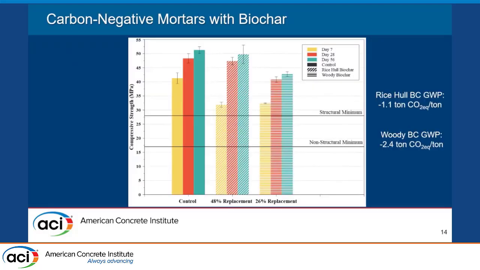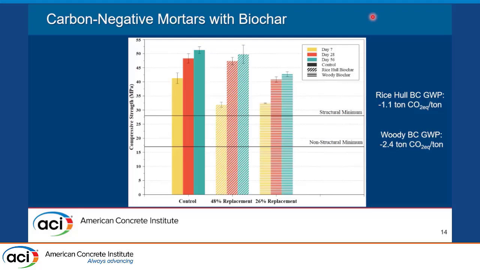I do want to leave us with the potential for this research. We can look at two distinct biochars, a woody biochar that's high carbon content, low inorganic content, and then a rice hull biochar, my personal favorite, that is low in carbon but high in silica.